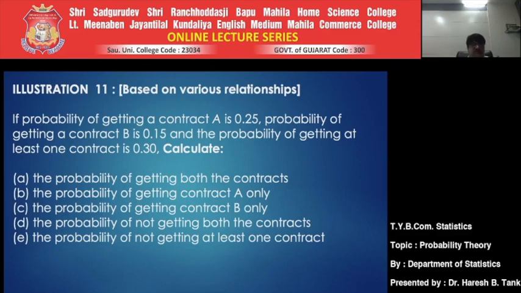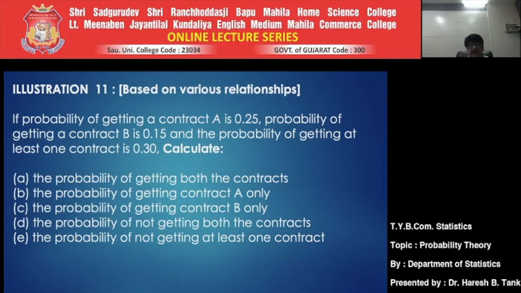Fine enough. The other one: probability of getting contract A only. What do you mean by this? Probability of getting contract A only, that means he will get only contract A. That means getting contract A but not B. Again, understand it deeply. Getting contract A but not B. How will you notate it?